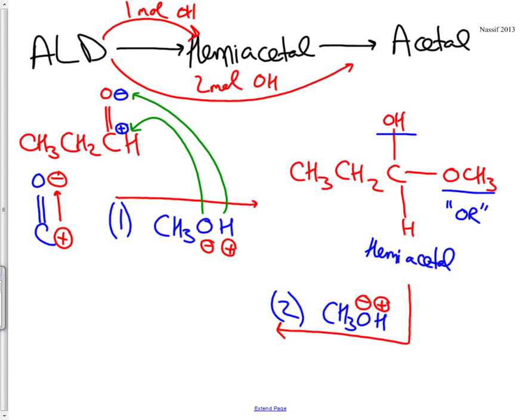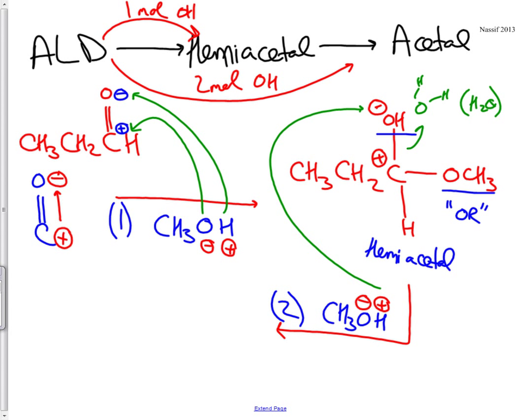The oxygen here acts like a negative, and the carbon, once again, acts like a positive. So the easiest way to remember this is that when this hydrogen goes to this oxygen, water is made.